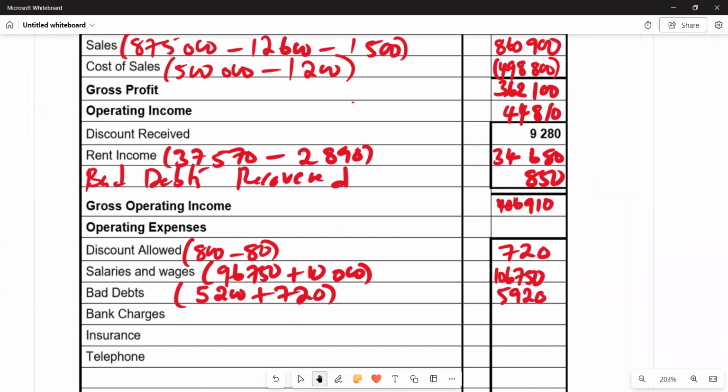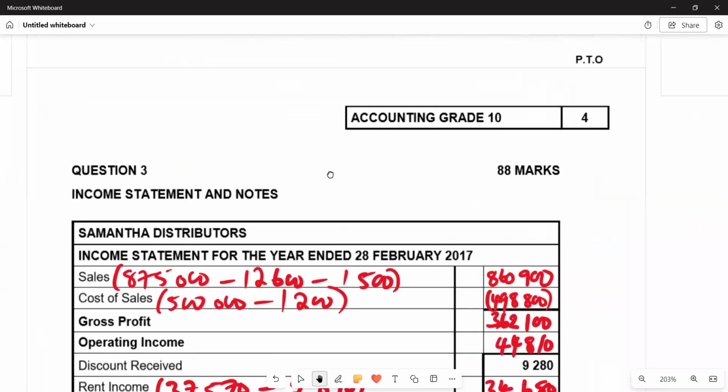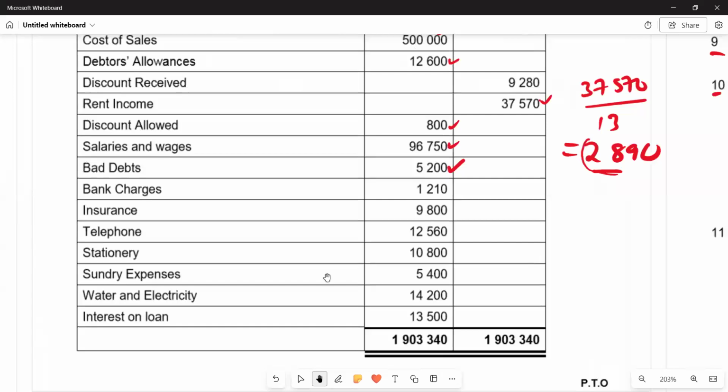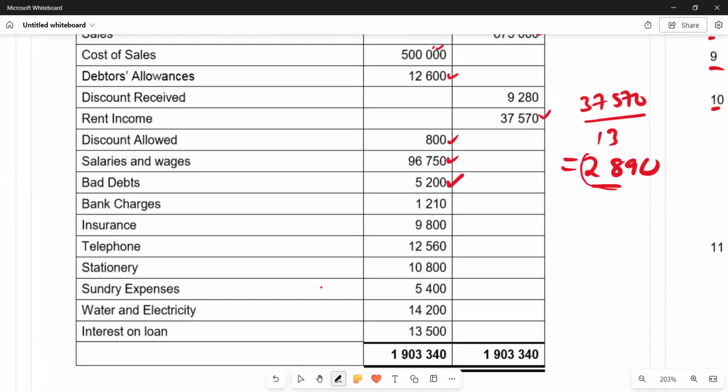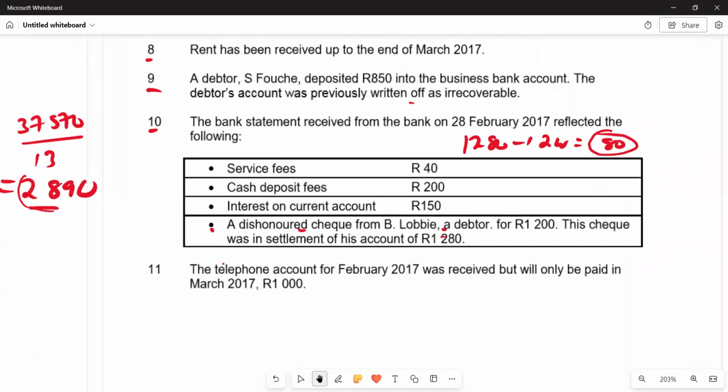Then we go to bank charges. We go again to our question to check the figure for bank charges. We have it here, 1,210. We go again to additional information to find out anything to do with bank charges. Go to additional information number 10. We have got our service fees, it's a bank charge. We've got our cash deposit fees, bank charge. So we are going to have 40 plus 200, and we get 240.